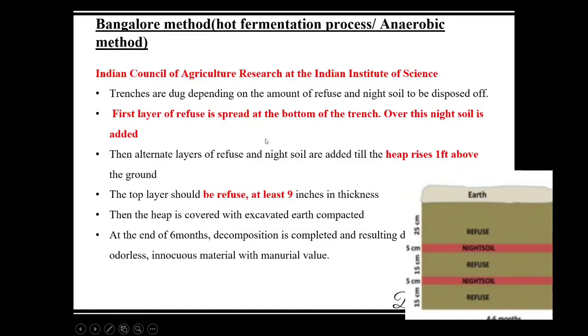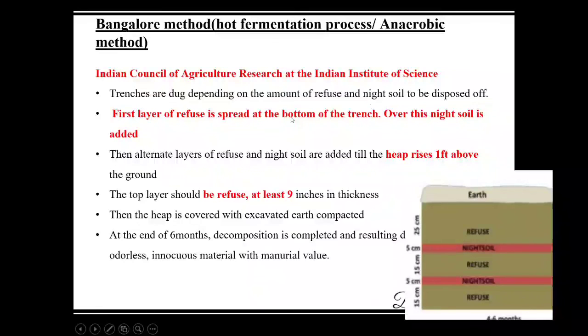We keep adding until the top layer is 9 inches thick, and then this is covered with excavated earth and compacted. After 6 months, this will be opened and it will become a very good manure, and we can use it for agricultural purposes.